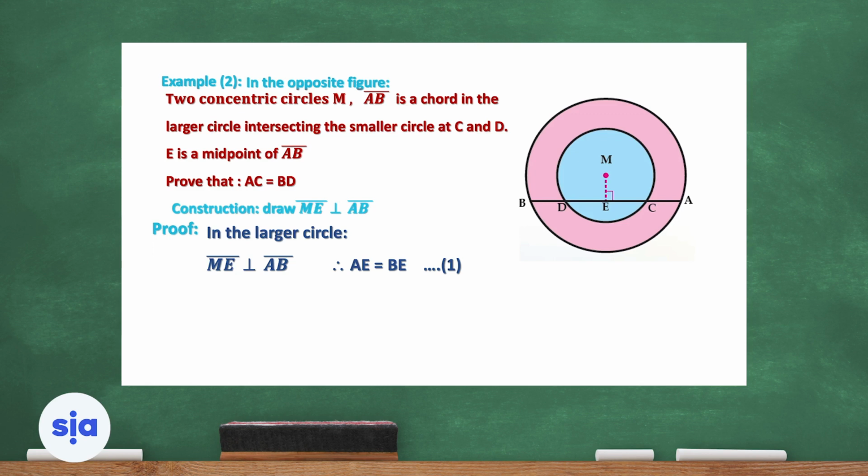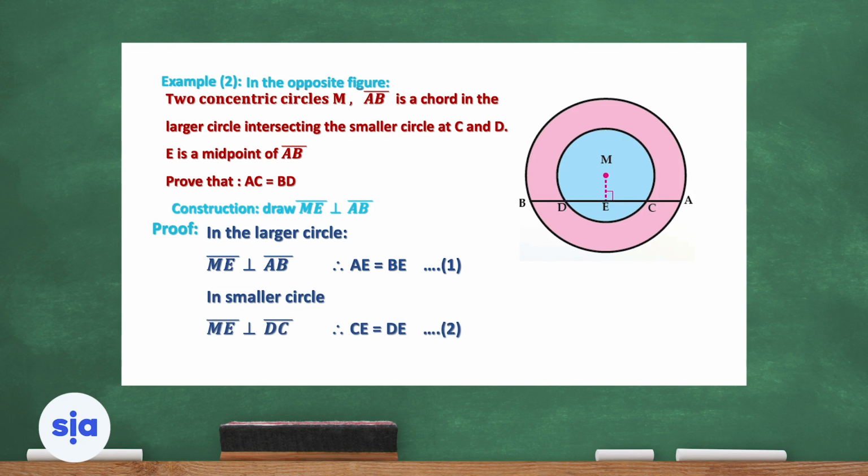Accordingly, AE is equal to BE. For the smaller circle, ME is perpendicular to a new chord which is CD. Then CE is equal to DE.